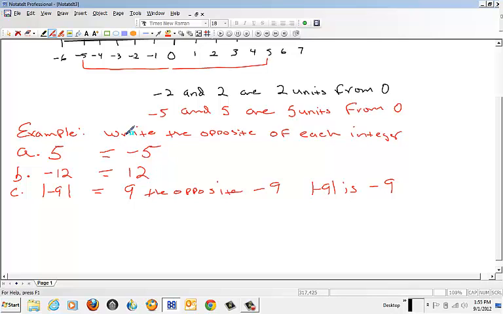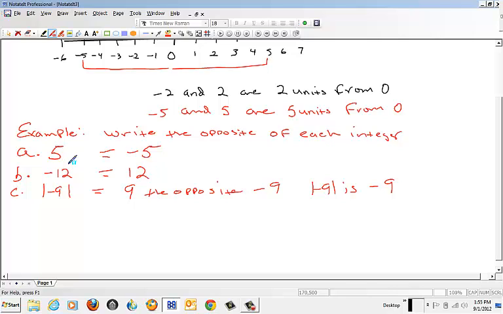Okay, what about -12? I know that -12 is 12 units from 0. So if -12 is 12 units from 0, the opposite of -12 will be positive 12 on the right side of 0. Because they're both 12 units from 0, the opposite of -12 will be 12, and conversely, the opposite of 12 would be -12.